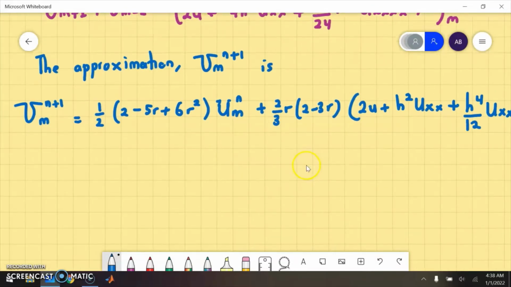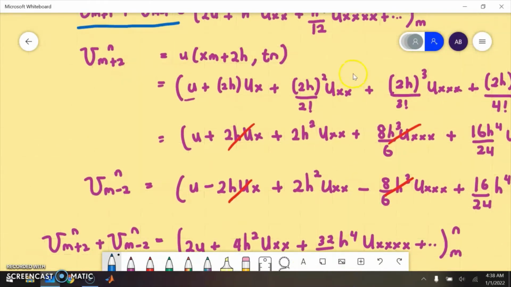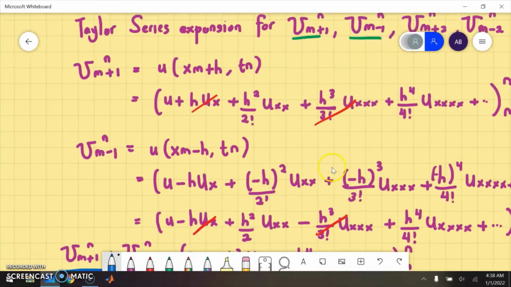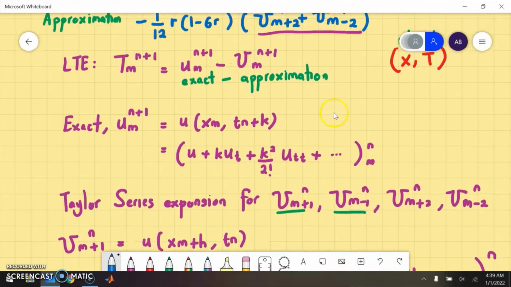Then continuing the next equation here is my m plus 2 and m minus 2.